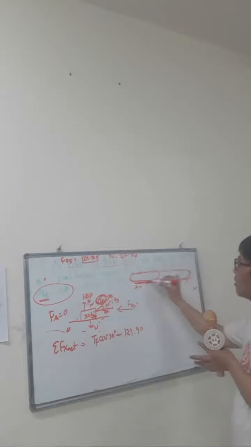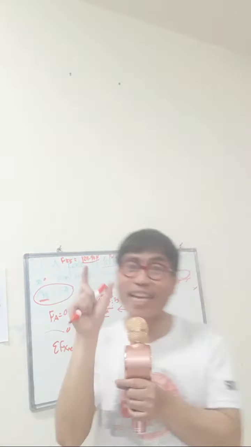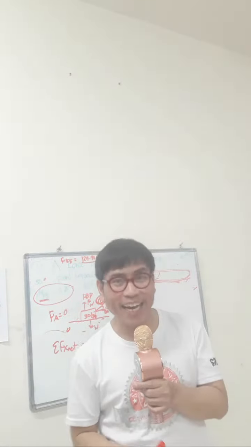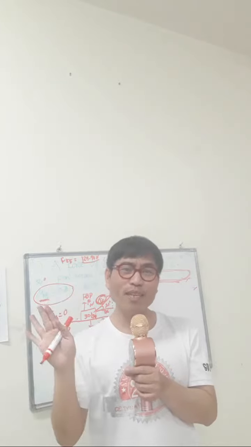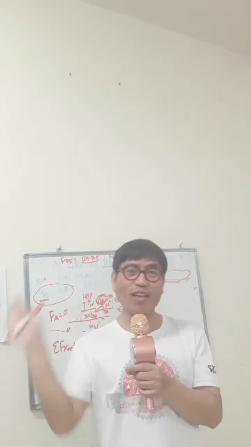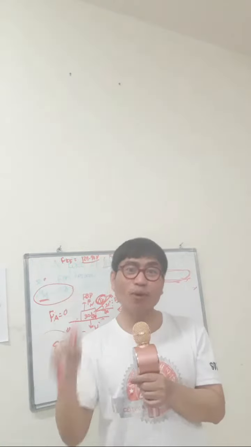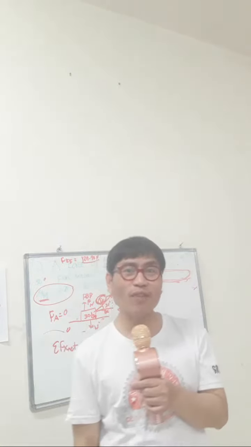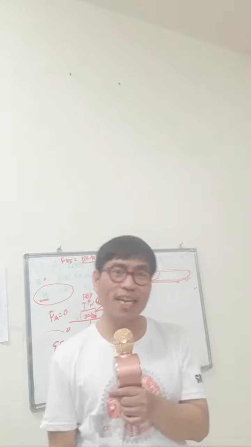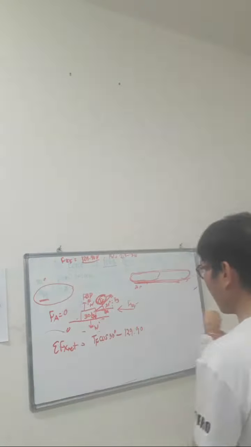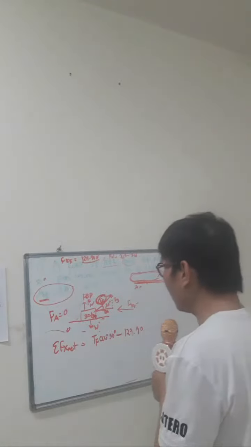You need to troubleshoot the description. That's why in the problems, it's being specified whether it is horizontal or vertical. That's the purpose, because there are two types of acceleration: the acceleration due to gravity and the acceleration in the horizontal movement. We got exactly what it means, right?